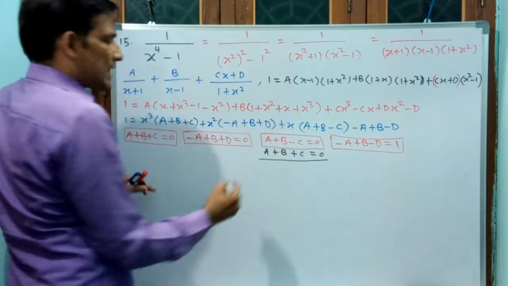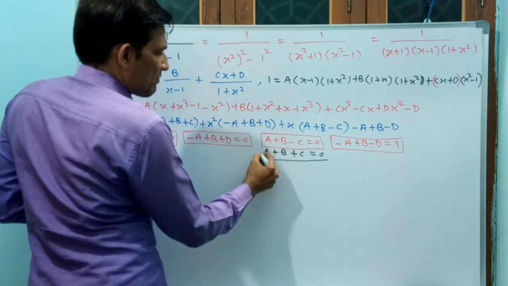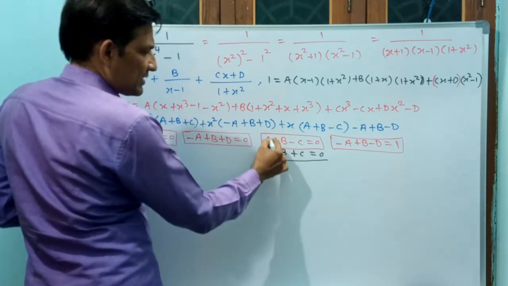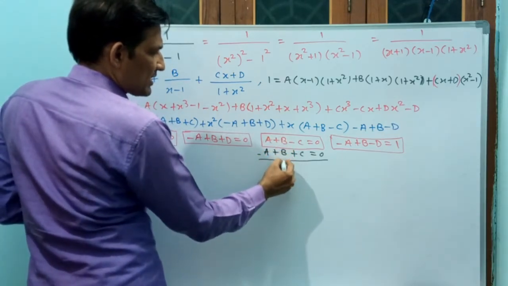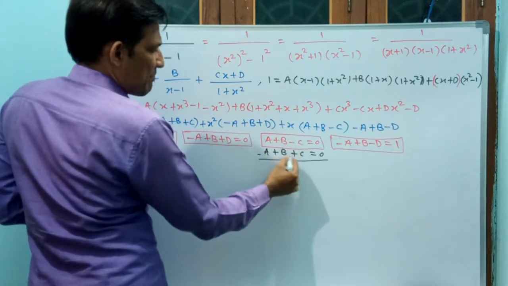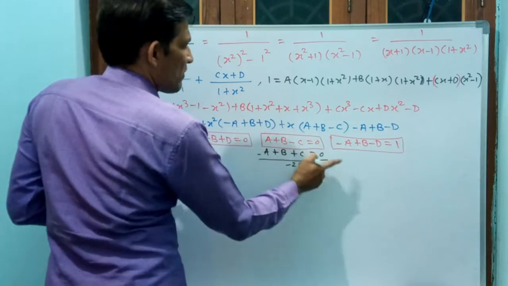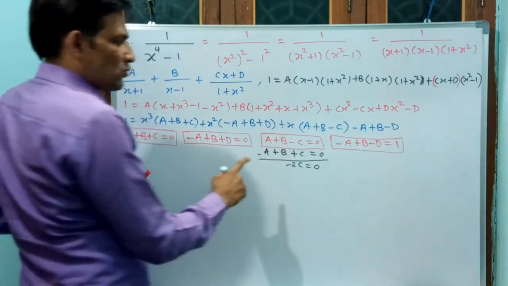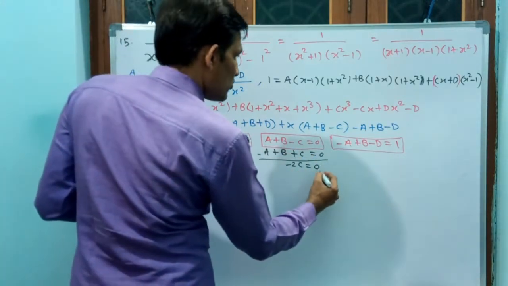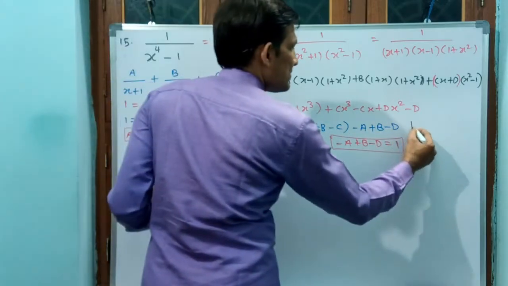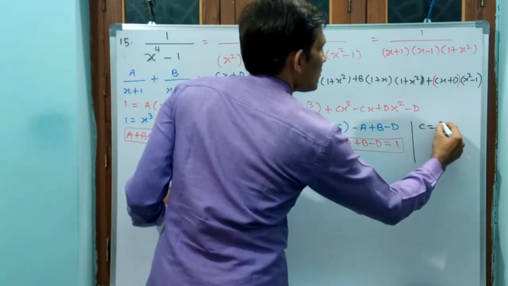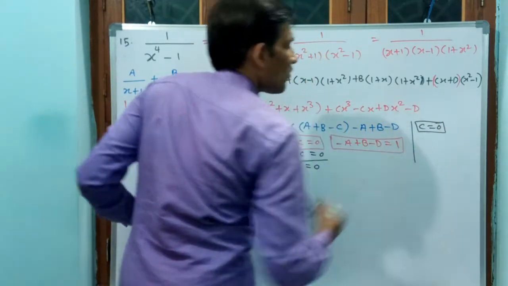Now if you do subtraction, you are going to get the answer. A minus a 0, b minus b 0, c minus minus c is 2c, equal to 0 minus 0, 0. So c is also 0. I am writing here, c is equal to 0. One value you have got.